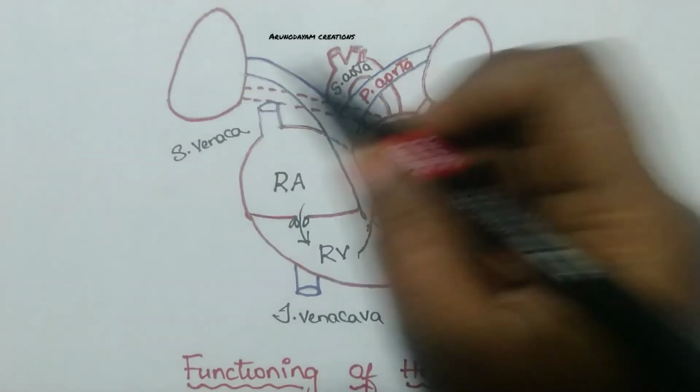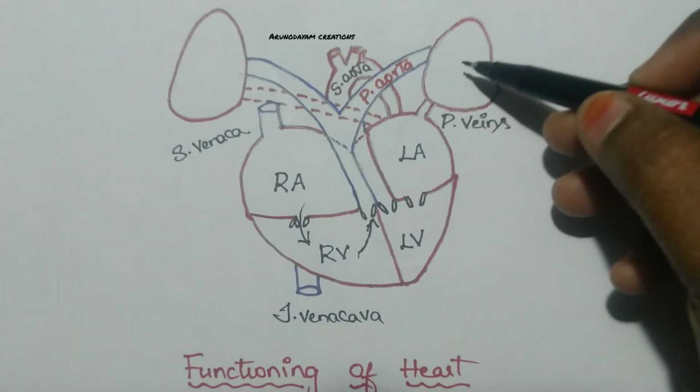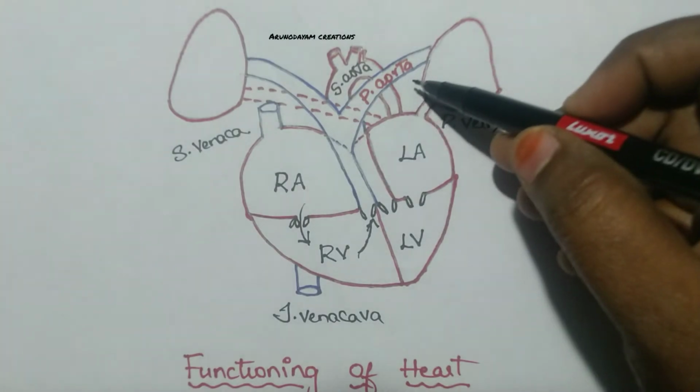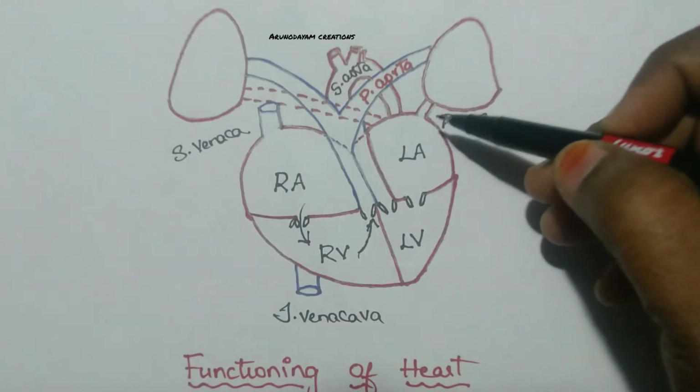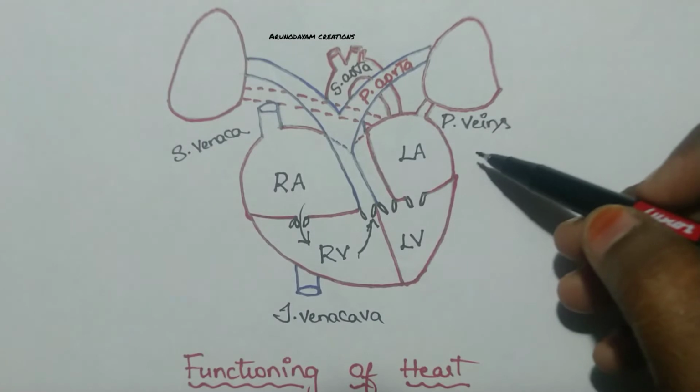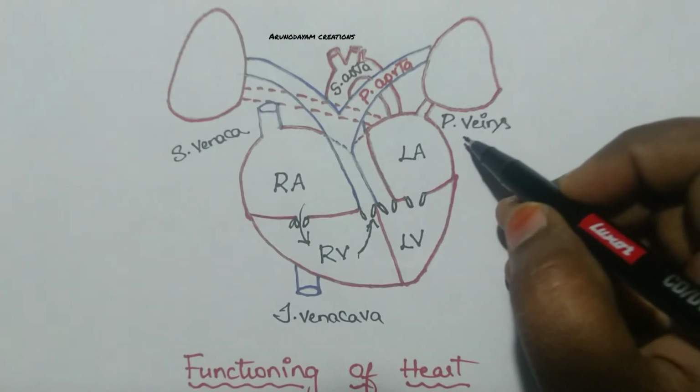In the lungs, oxygenation of blood takes place. That means carbon dioxide is left over here and oxygen enters the blood, and this oxygenated blood again returns to the heart with the help of the pulmonary veins. Actually, the pulmonary veins are divided into branches.